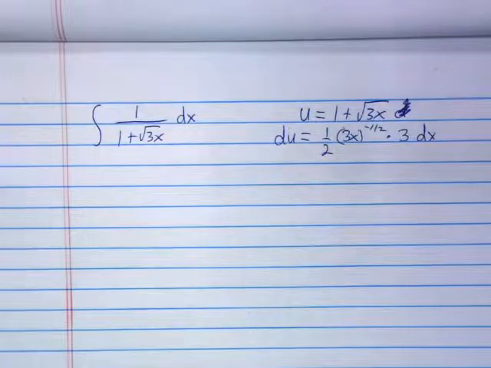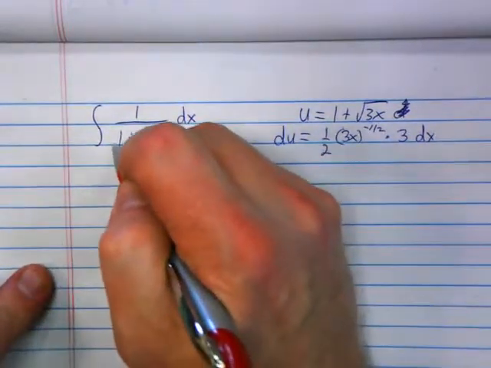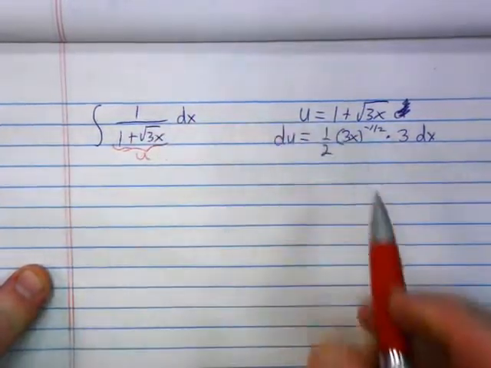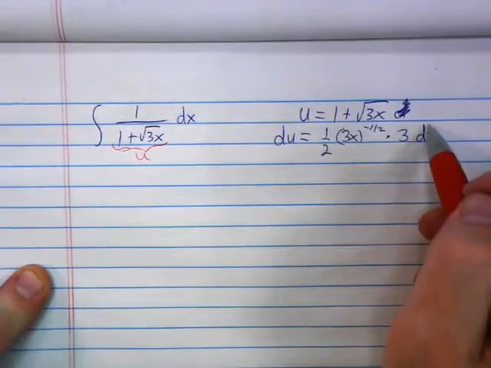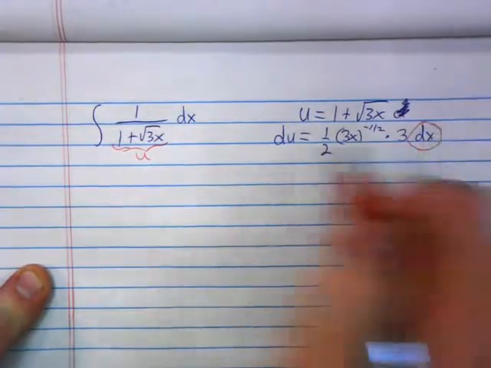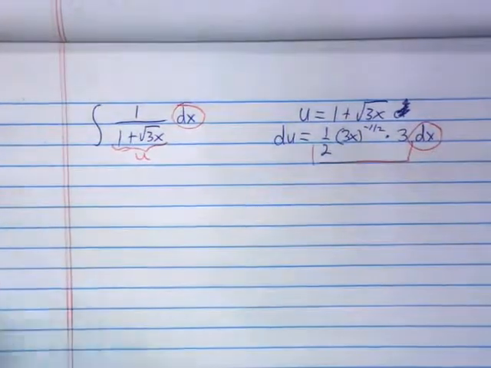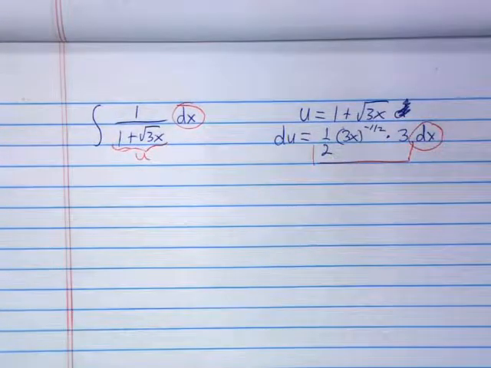So I kind of have a problem here. Here's my u. That's not the problem. The problem is, I got dx and dx, but I have all that other junk there that I somehow need to deal with.